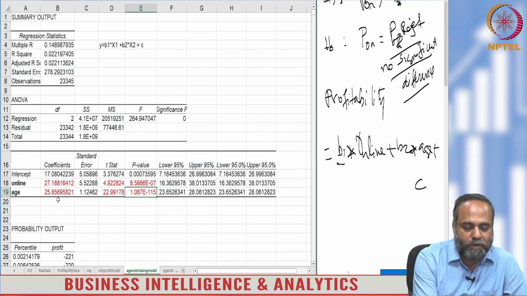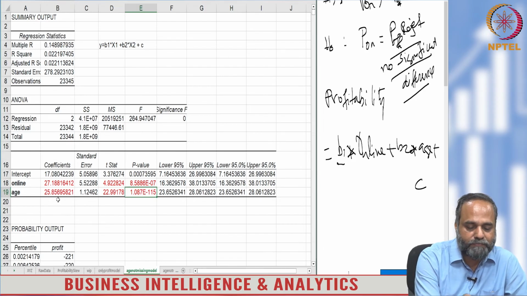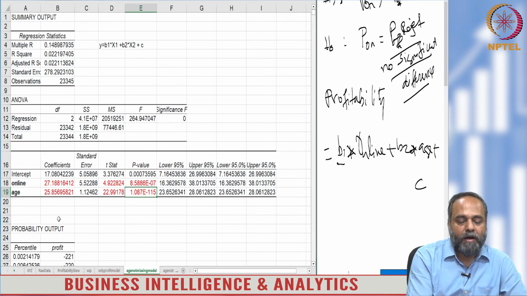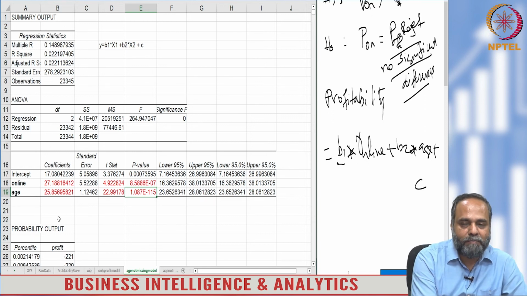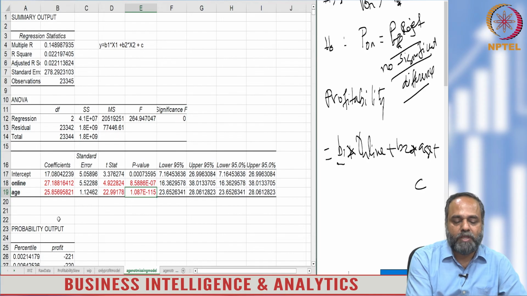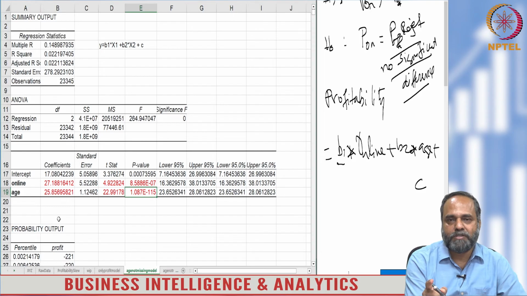Suppose there are two online customers. One customer is in age bracket 1, another customer is in age bracket 2. Both are online customers. Who will be more profitable?